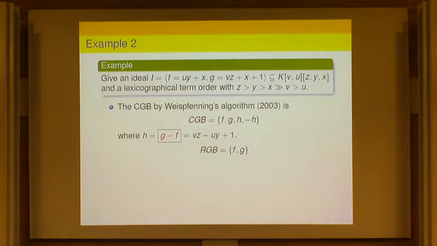You compute that, say, with the reduced Groebner basis, and you will get only F and G. FG is a reduced Groebner basis. But in a comprehensive Groebner basis, you need H also. What is H? H is the difference of two polynomials, G minus F. And why is that? It's a beautiful example, I think, due to Weispfenning.